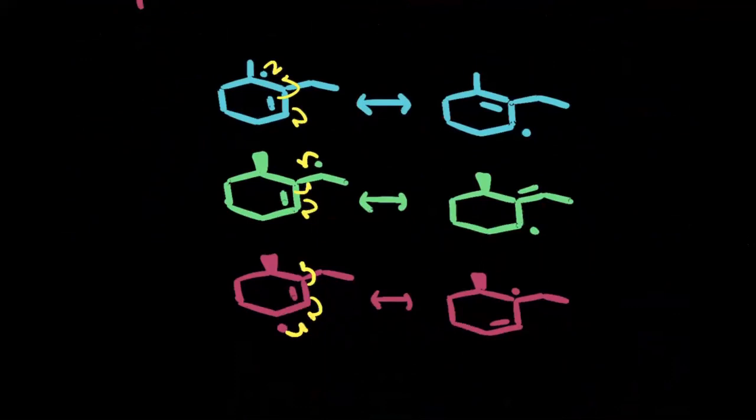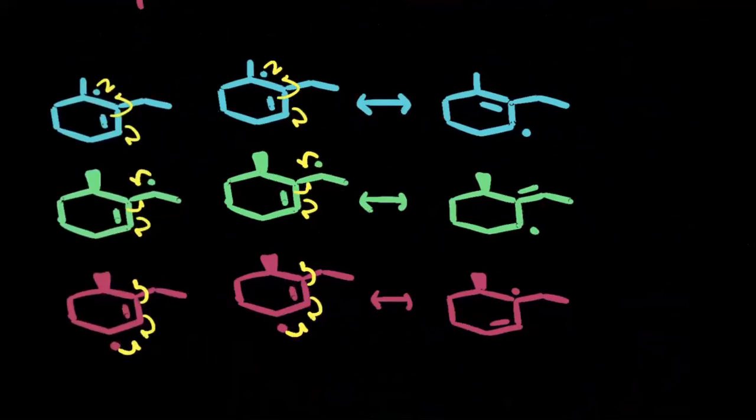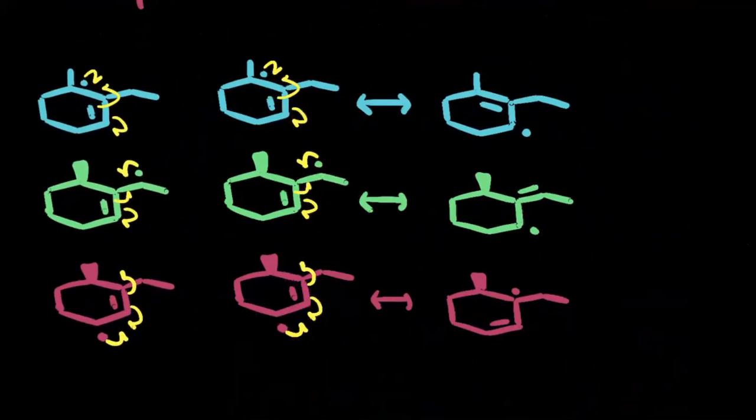So now every radical becomes a bromine after that bromination. So now we get a bromine over here at this position, a bromine at this position, and a bromine at this position.